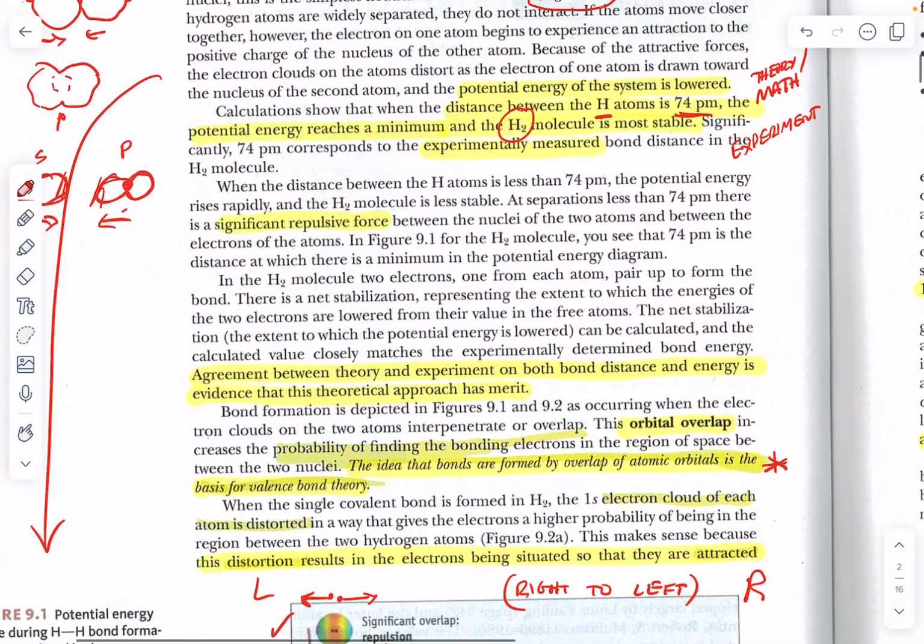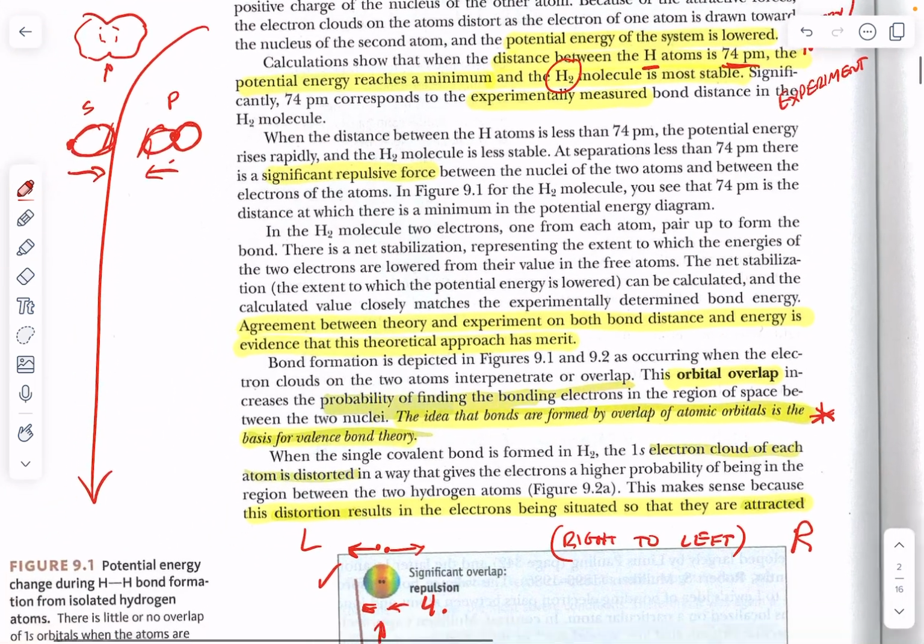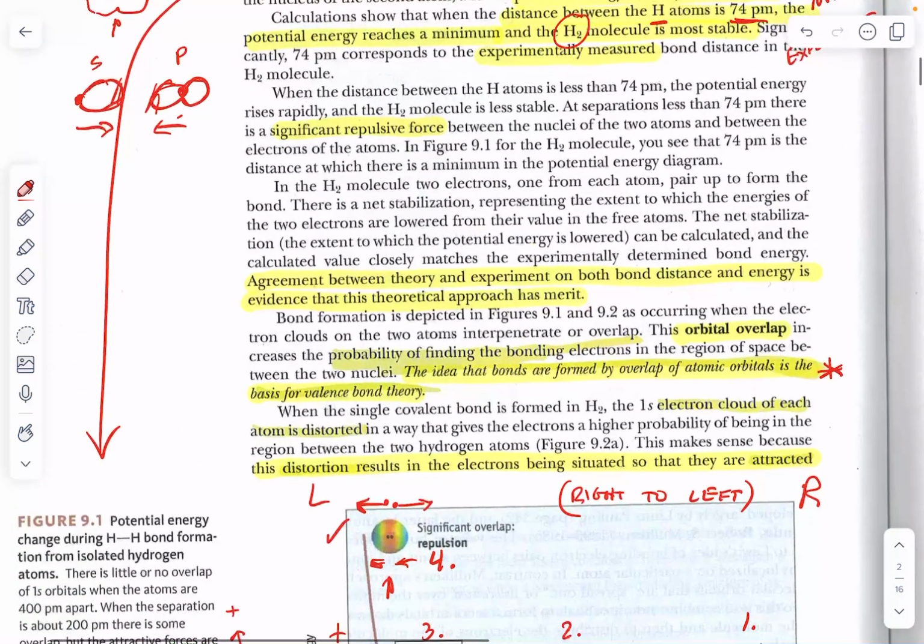Now let's make sure we didn't leave any other things behind. So we already talked about the significant repulsive force when your two nuclei are too close together, and that actually is something you have to overcome when you want to fuse hydrogen atoms together, for example, to make helium, as opposed to a hydrogen molecule.